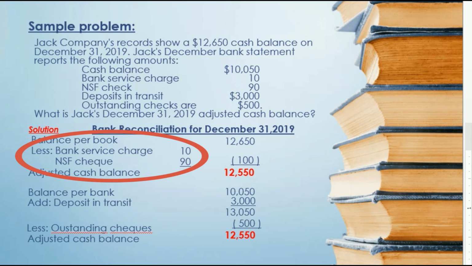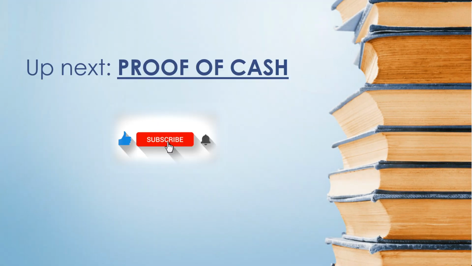The pertinent adjustments are the following: debit bank service charge $10 and credit cash in bank $10 to record the bank service charge. Next adjustment is debit to accounts receivable $90 and credit to cash in bank $90 to record the NSF check. And that's all for bank reconciliation.